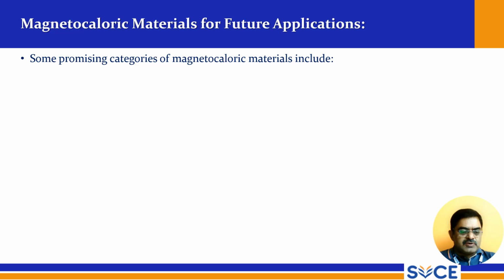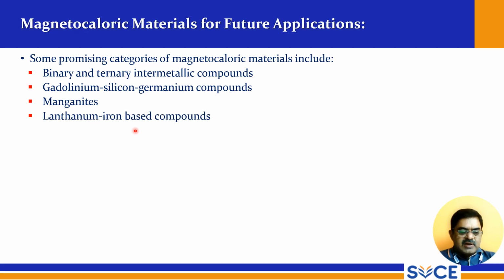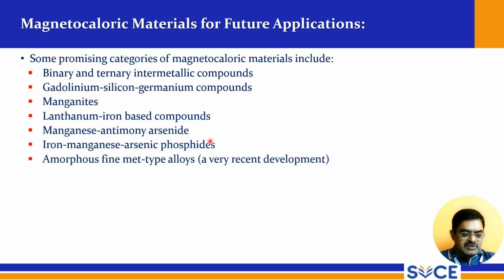So here, magnetocaloric effect materials for future applications. Some promising categories of magnetocaloric materials include binary and ternary intermetallic compounds, gadolinium, silicon, germanium compounds, and manganites, lanthanum iron based compounds, manganese antimony arsenide, iron manganese arsenide phosphides, and amorphous fine mesh type alloys, a very recent development.